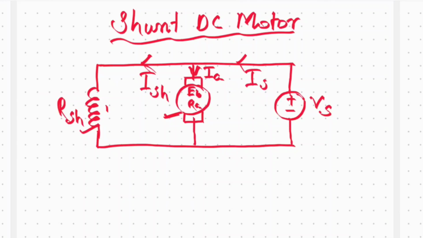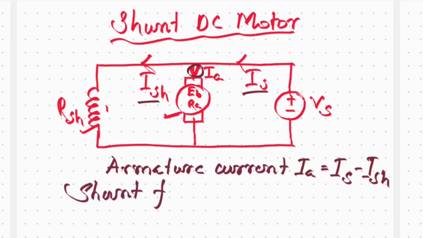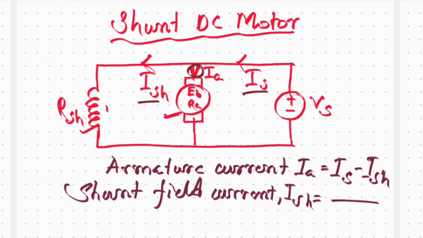For this DC shunt motor, we can write armature current IA is equal to IS minus ISH, and the shunt field current ISH is equal to VS by RSH.